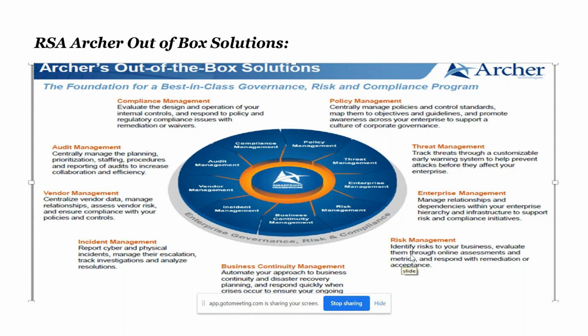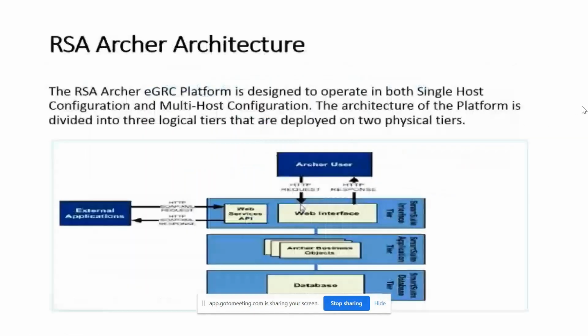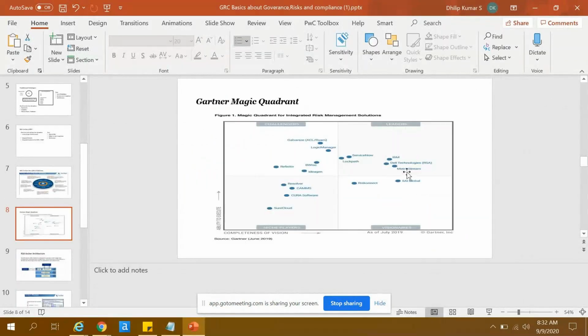So the next one is Gartner Magic Quadrant. You need to see the demand of Archer in this. So you can see the fourth quadrant, right? Leaders quadrant, this right side. You can see the Dell Technologies RSA here.